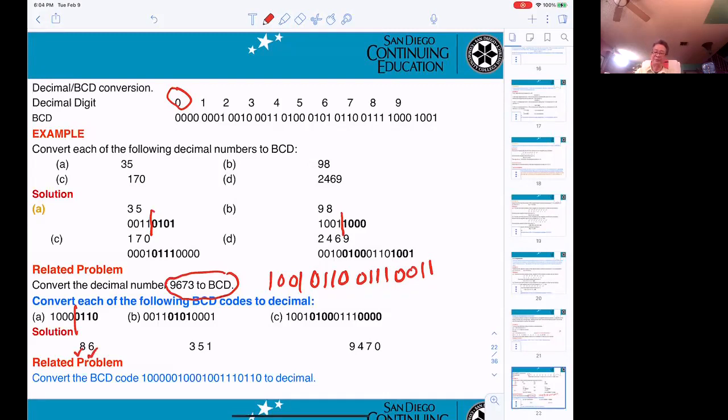Easy. And the test solution you already have for ABC. I want you to do a related problem for me. Try to see. Convert BCD code to decimal. Tell me what answer you get.